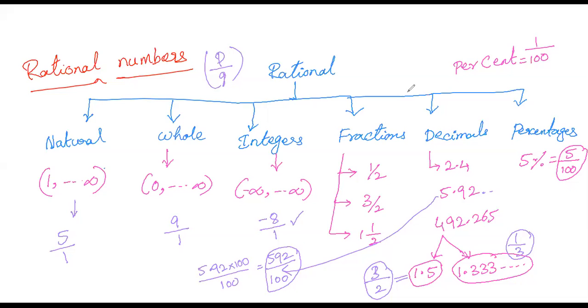See, in integers, we have negative integers and positive integers, right? Similarly, in rational numbers, we can call them negative rational numbers and positive rational numbers, but there is no particular name for a negative or positive rational number.